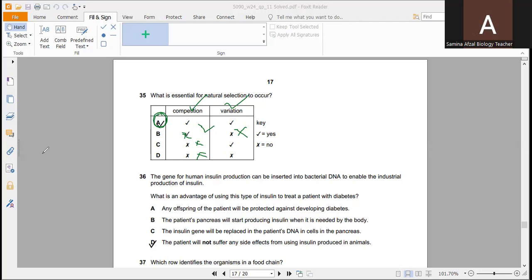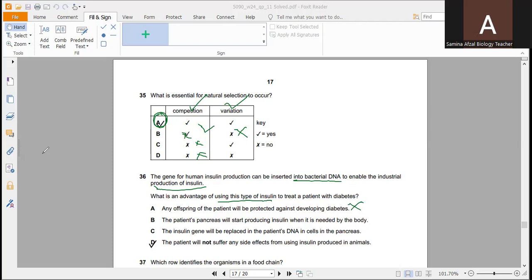This is genetic engineering for the production of insulin. So what is an obvious strength?